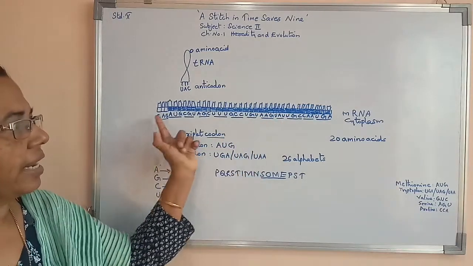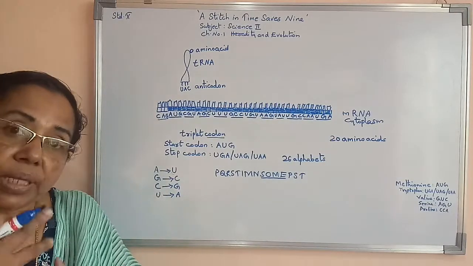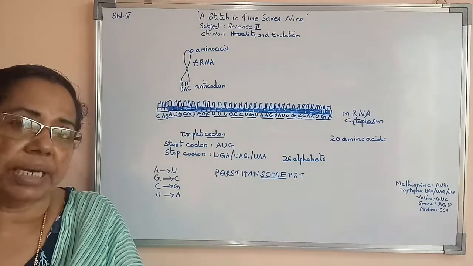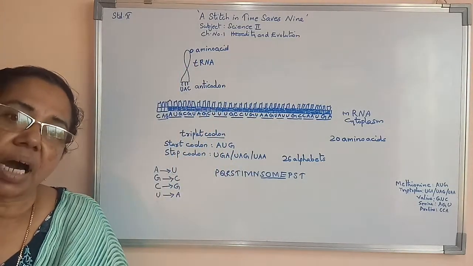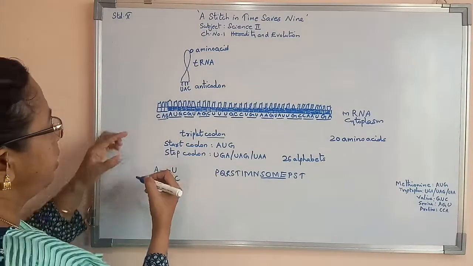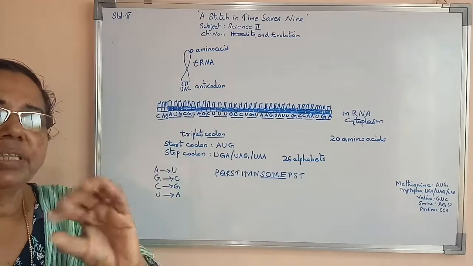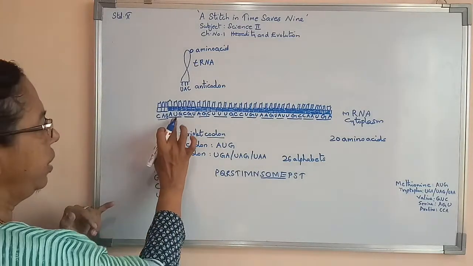So messenger RNA does protein synthesis, and whatever help is required for producing a protein is provided by transfer RNA. Protein synthesis begins with the start codon, known as AUG.